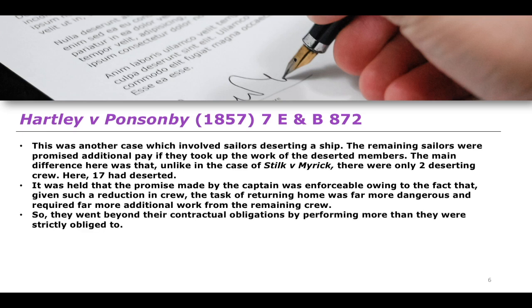And so this meant that they had gone beyond their contractual obligations by not only performing what the contract told them to do, but performing more than they were obliged to do under that contract, owing to the fact that there were 16 desertions. And so the result was, as a result of this, that this represented new consideration and therefore made the promise enforceable on the part of the captain.